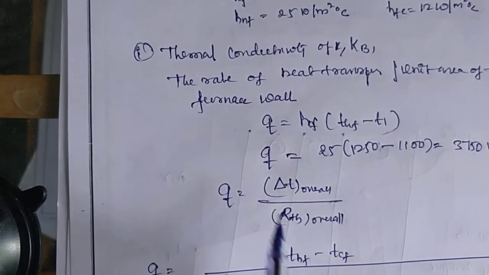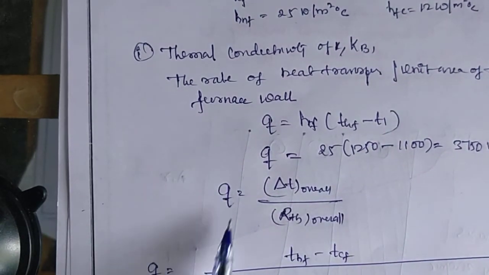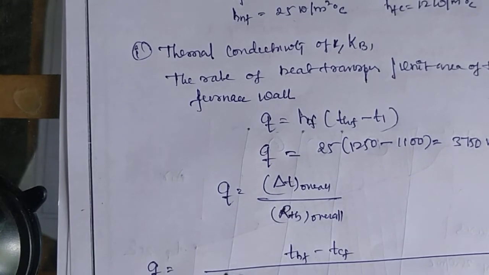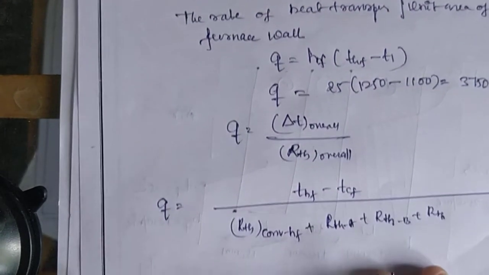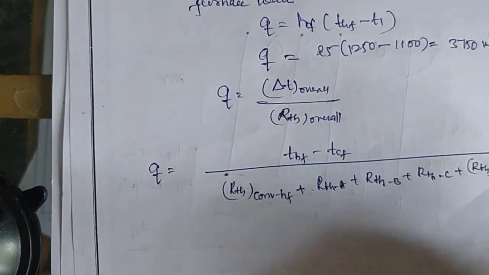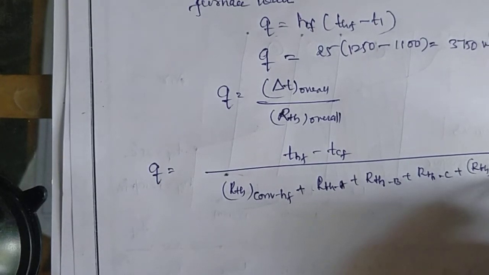So to calculate the overall heat transfer Q throughout the wall, that is overall temperature difference by overall thermal resistance, that can be written as (THF minus TCF) divided by (RTH A plus RTH B plus RTH C plus RTH convection by cold fluid CF).